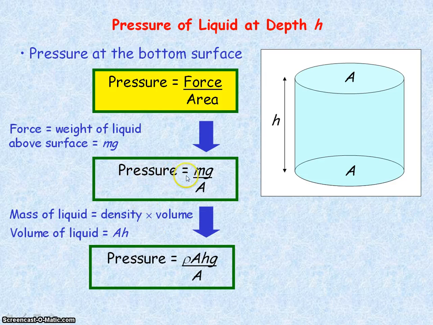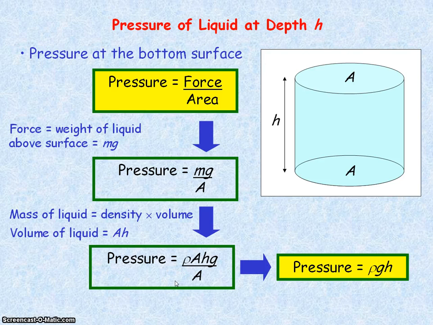So pressure equals density times area A times depth h, which is the mass, multiplied by g divided by A. So you can see that the areas A cancel, so we're left with pressure is equal to rho g h.